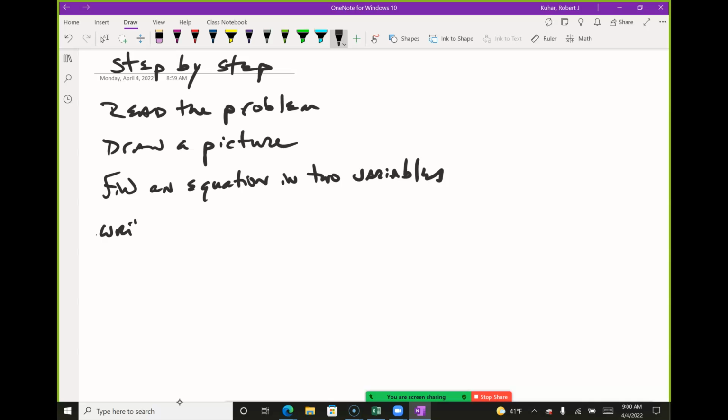Write an expression in two variables to be maximized or minimized, right?